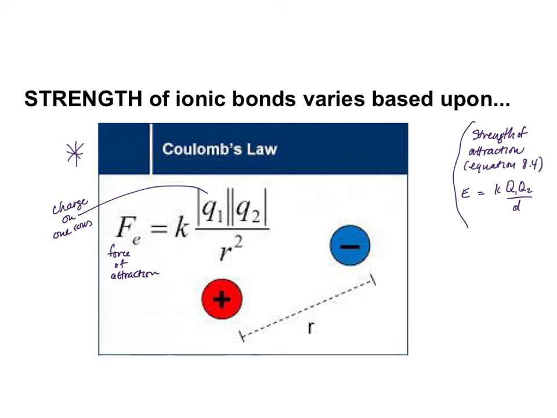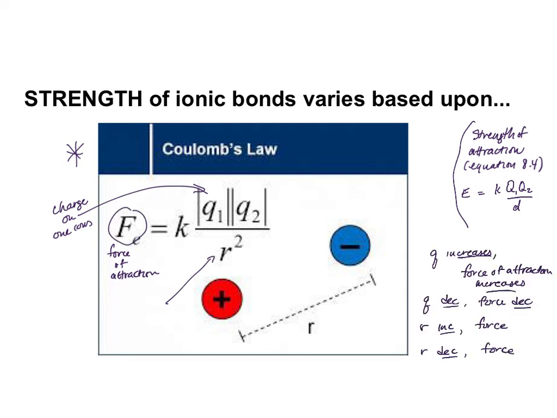So if you look at this law and think about what it's telling us, you should be able to understand how changing the charge and changing the distance would alter the force of attraction. So I think you will agree with me that as Q increases, the force of attraction between the oppositely charged ions would increase. If Q decreases, the force would likewise decrease.